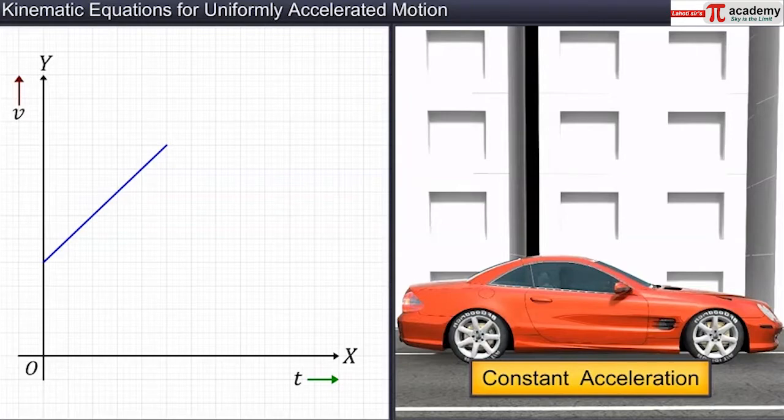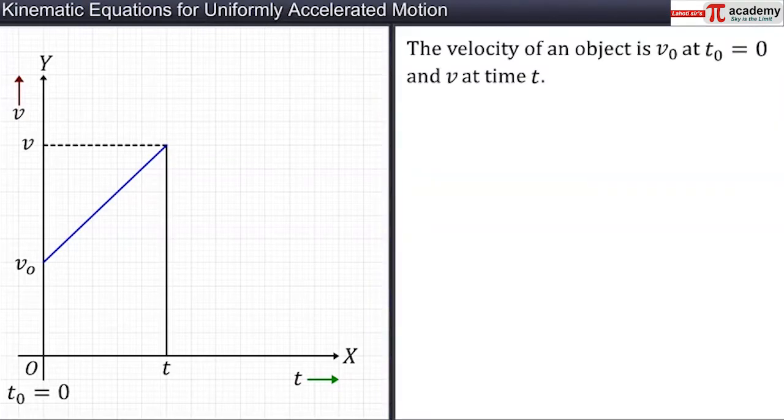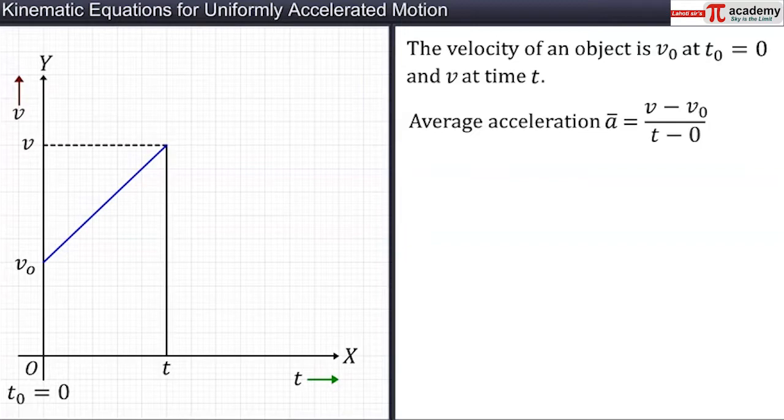The first equation is the relation between initial velocity, v0, final velocity, v, uniform acceleration, a, and time t. The velocity of an object is v0 at t0 is equal to 0 and v at time t. Average acceleration, a dash, is the ratio of the difference between v and v0 and the difference between t and 0.